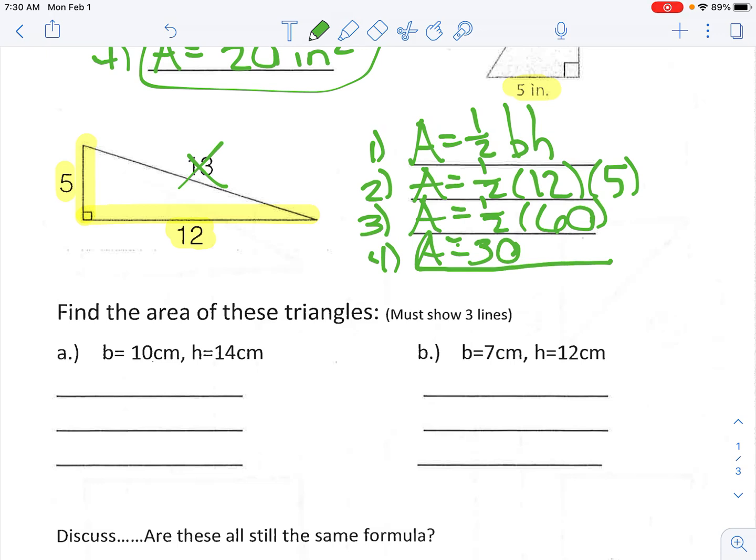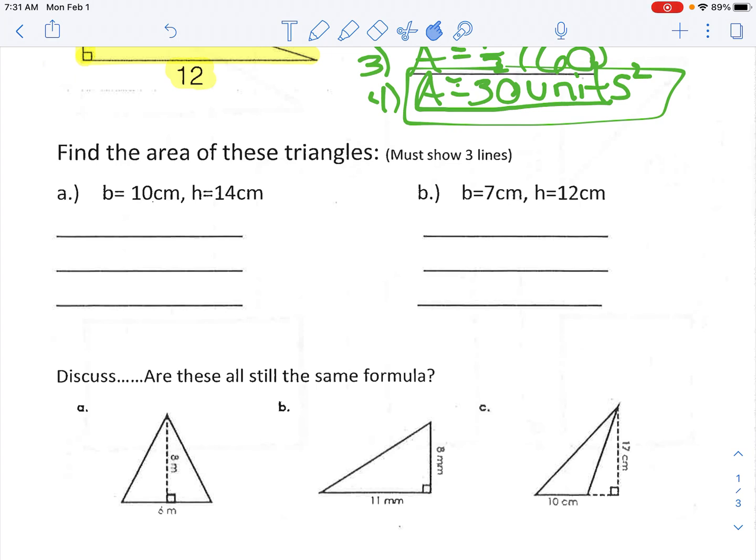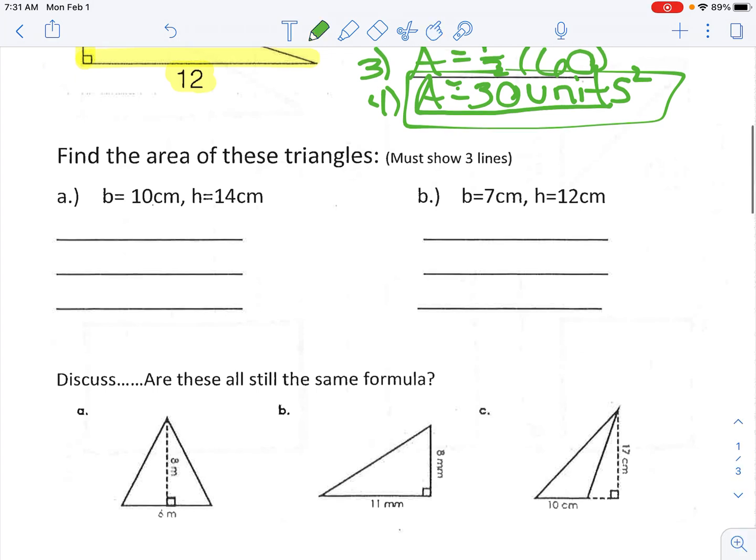So 30, now this doesn't say inches, centimeters, yards. So remember, we're going to write units. We learned that last week. If there's no given measurement, we're going to call it units squared. Okay, now I'm going to cross out 3 lines, must show 3 lines, and I'm going to say 4 lines.